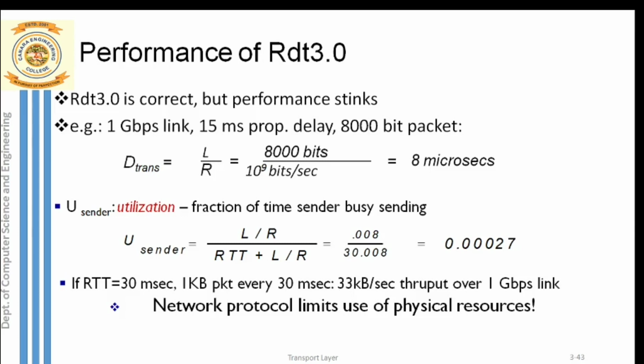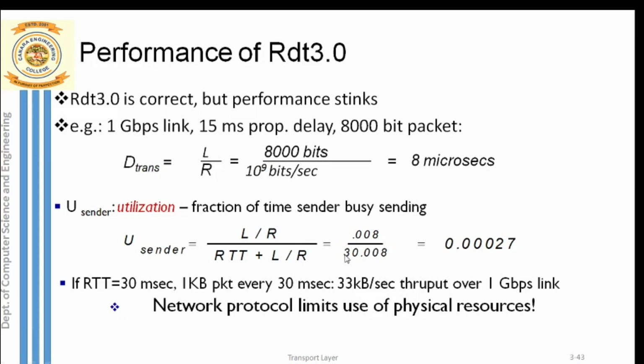You can now call this the actual utilization of the sender. That means the link of 1 gigabit is actually utilized by the sender for only how much duration? Only 0.00027.